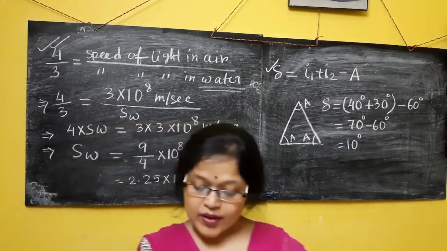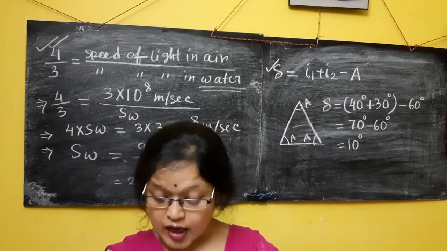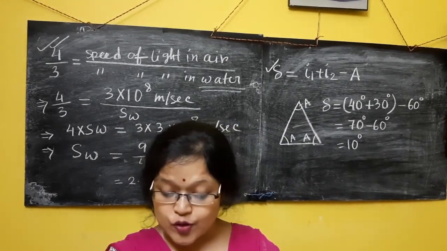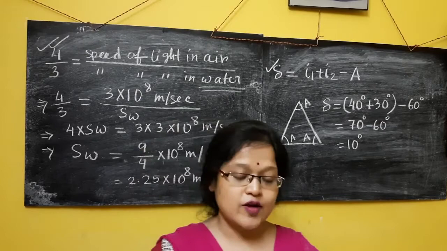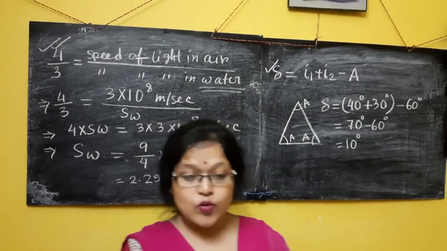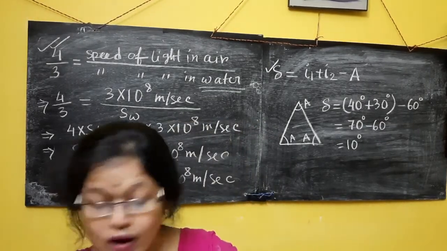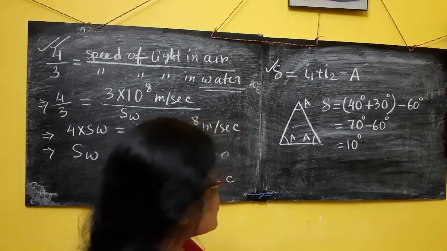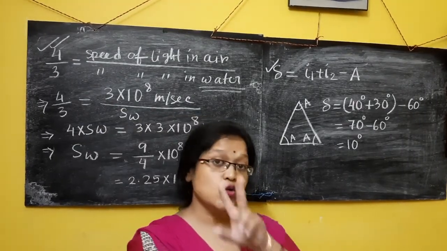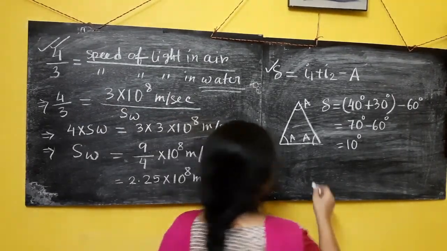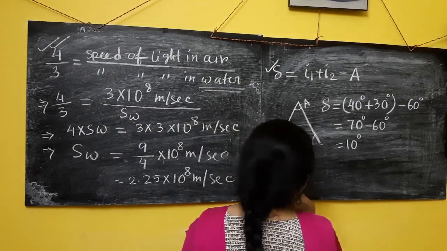For a concave mirror, establish the relation between focal length and radius of curvature. Giving you a quick recapitulation, concave mirror is which kind of mirror? We know for spherical mirrors there are two types: one is concave, another is convex.